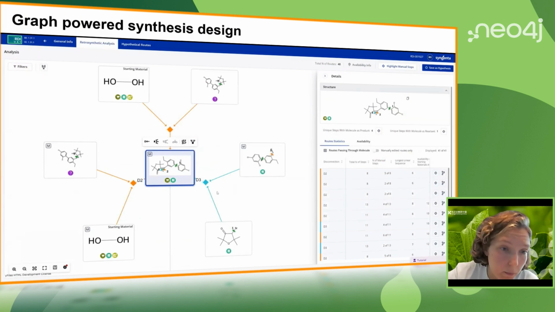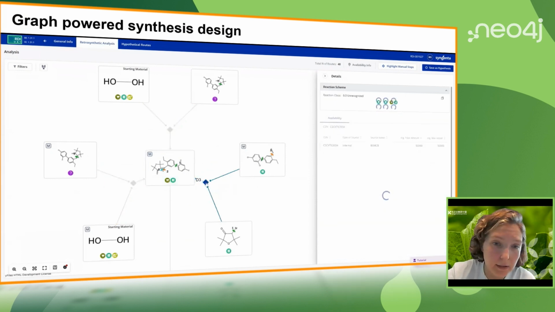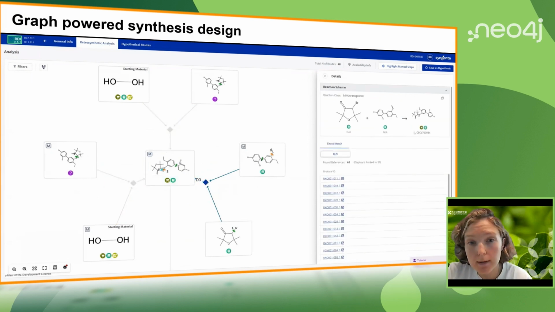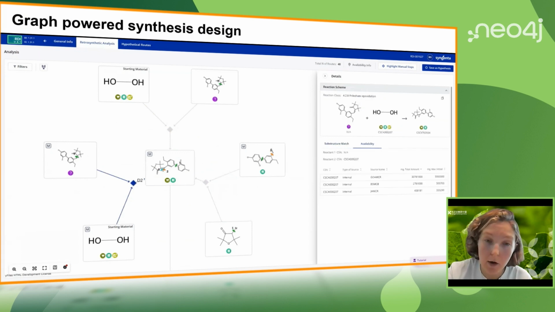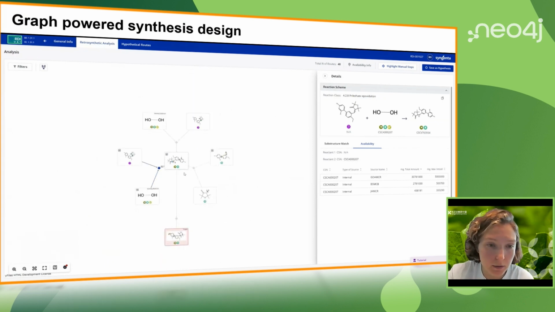All the molecules are labeled. You can see straight away what are the starting materials, and also the instances of this reaction which have been executed in-house, information about the intermediates, their number, the source, etc. So you can, as I said, combine in this representation manual entries and retrosynthetic predictions.